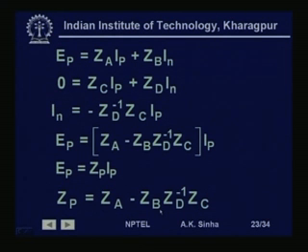So, this is what we will get, that is, we have eliminated in this equation the current In, and we are writing all the equations in terms of the phase variable. Only thing is, this is taken care of by using Zd inverse and Zc from this expression.